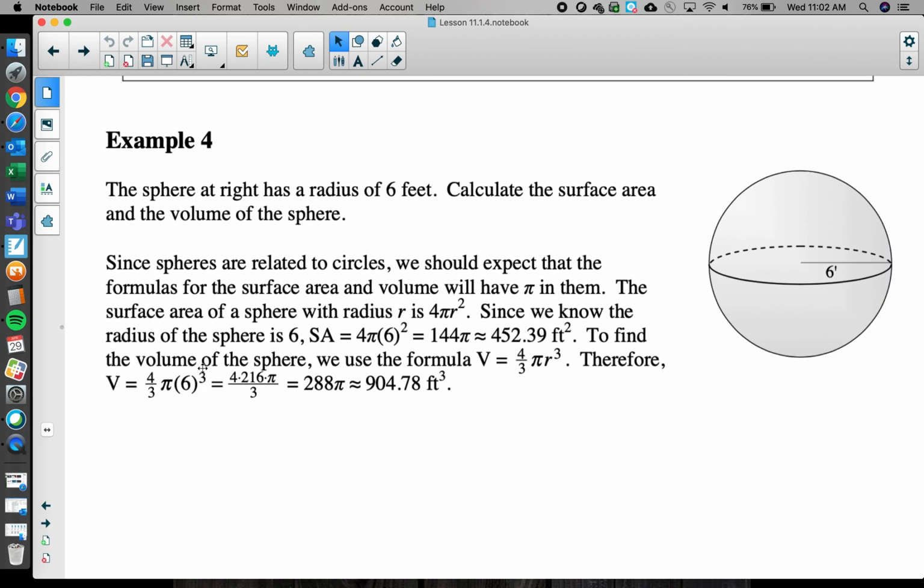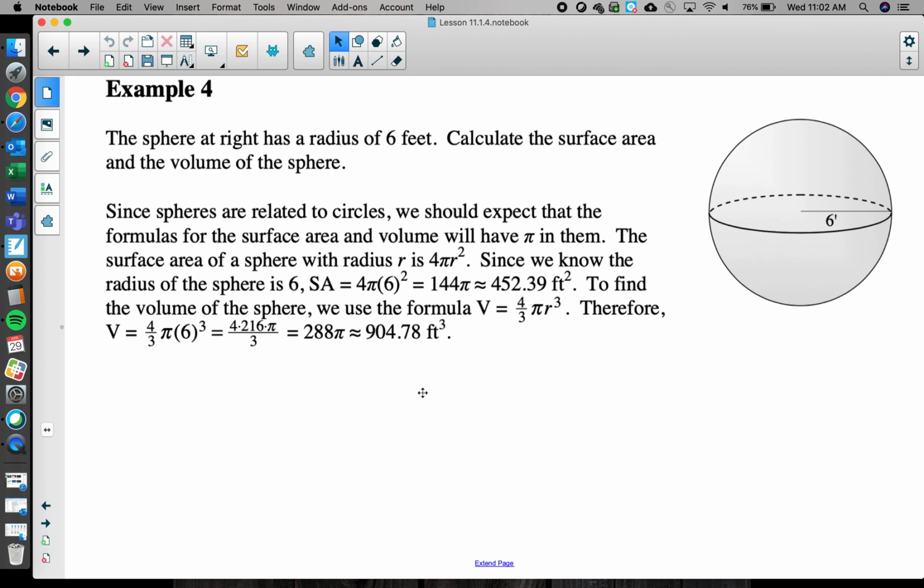And then you would type in 3 to raise it to the 3rd power. Okay, so just be careful with that. Ultimately, you can see here that the volume ends up being 904.78. So pretty much for spheres, you're just using 2 formulas, plugging in the radius, and you've got your answer. So the last lesson here should be a straightforward one, and hopefully very easy for you.